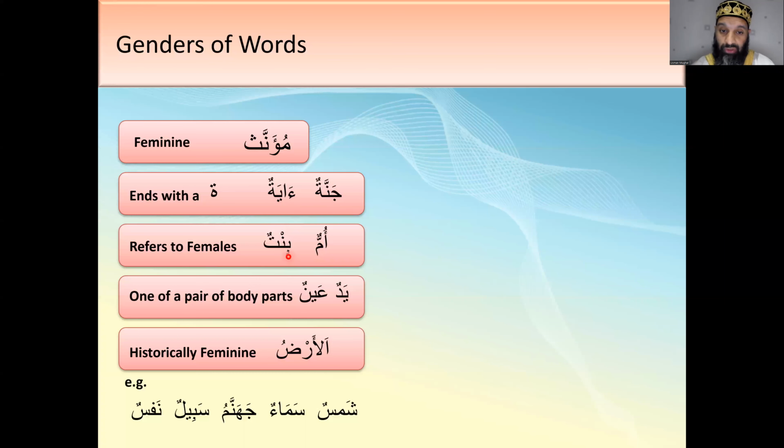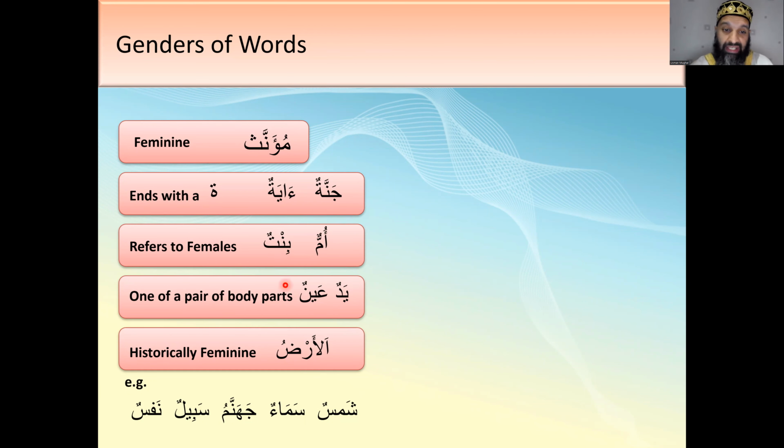Number 2, if the word itself is a woman. So ummun means mother. Bintun means daughter. Any word, it doesn't have to have a ta marbuta. Any word that is a woman in itself, grandmother, wife, auntie, these are all feminine words as well.